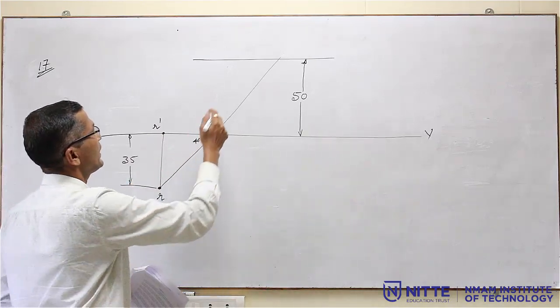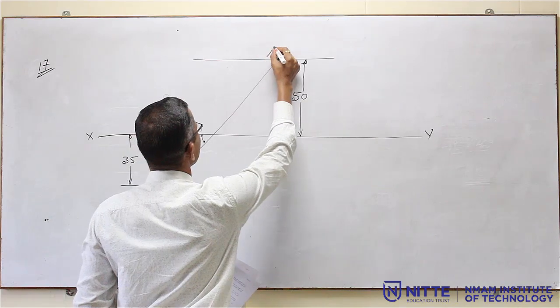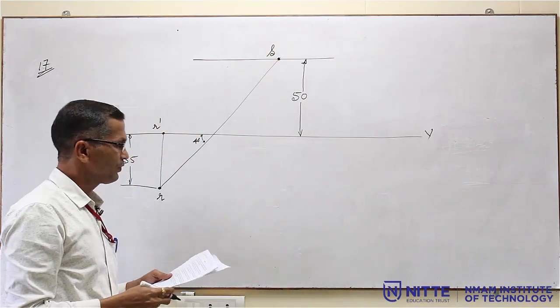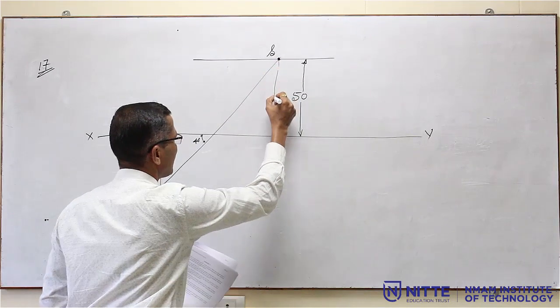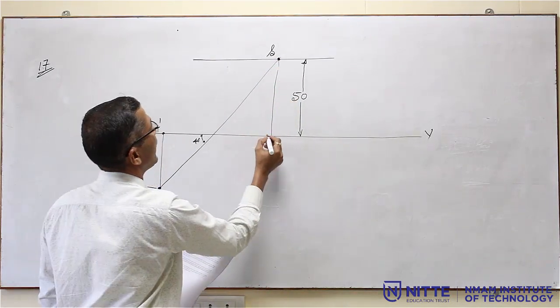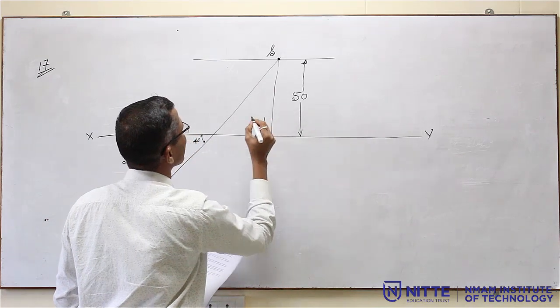So, that line will intersect here. So, this is the point, the top view of S. Now, project it down and mark this as S dash.